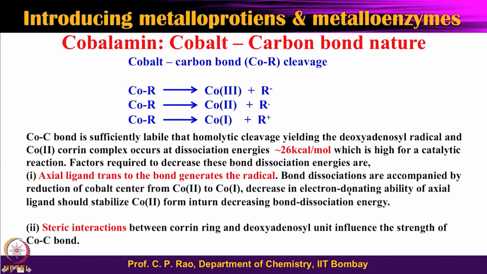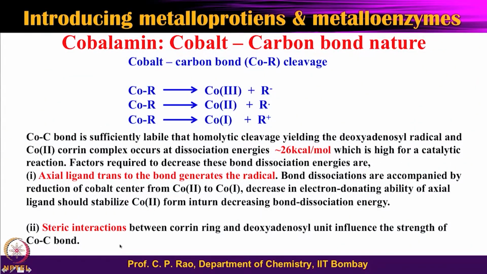If you decrease the electron donating ability of this fifth coordination or the axial ligand, then you can stabilize the cobalt 2. With more electron donating property, it will become cobalt 1 and R plus. If it is much lower in electron donating ability, then it will be cobalt 3 and R minus. So, these are the things.